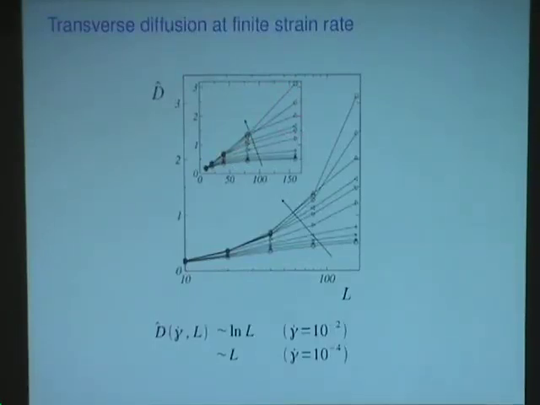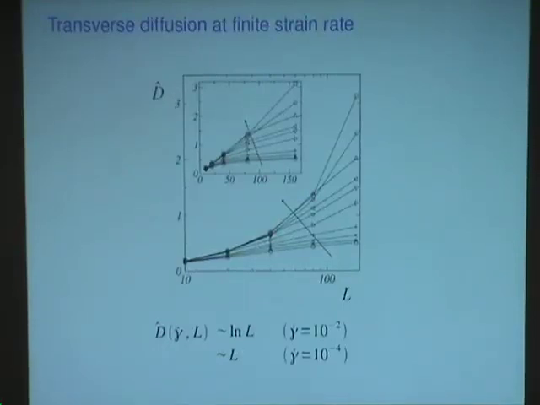When you strain the system extremely slowly, you reach a regime where your diffusion constant grows almost linearly with system size. Now, if you shear faster, you lose this effect of correlations, and you reach a regime where the diffusion constant behaves like the log of the system size. What I'll explain next is why this captures information about the correlation between flip events.